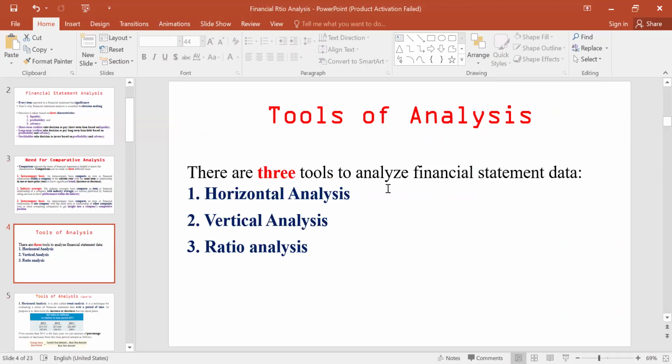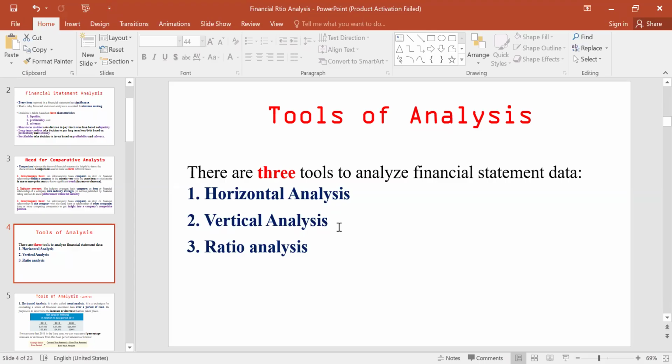There are three tools to analyze financial statement data: horizontal analysis, vertical analysis, and ratio analysis. Horizontal means trend analysis: year by year, side by side, you determine your figures and use your technique to analyze.